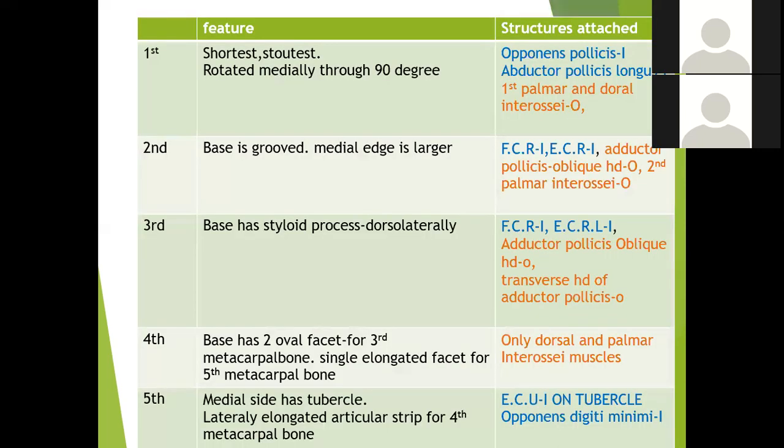Now we are going to the features of the 5 metacarpal bones and the structures attached to them. First, the first metacarpal bone.